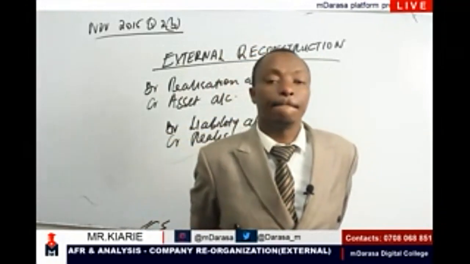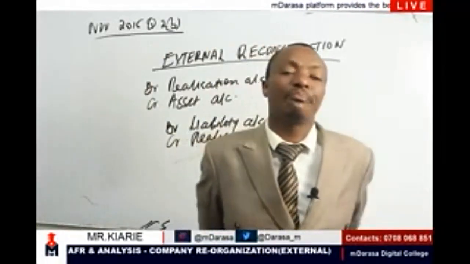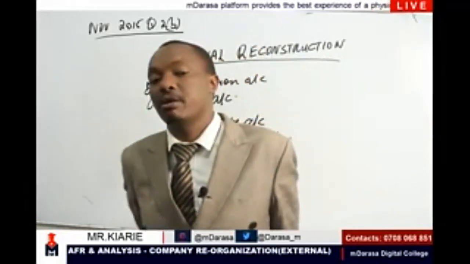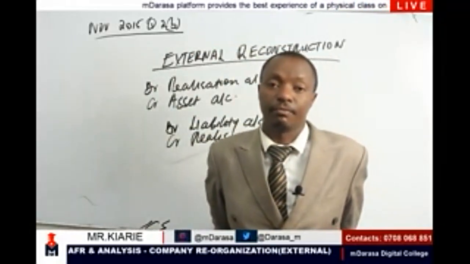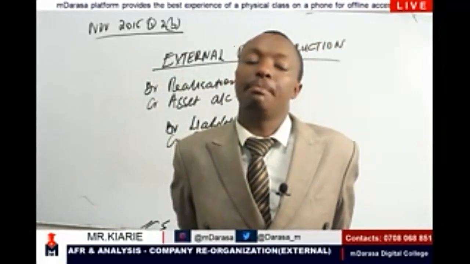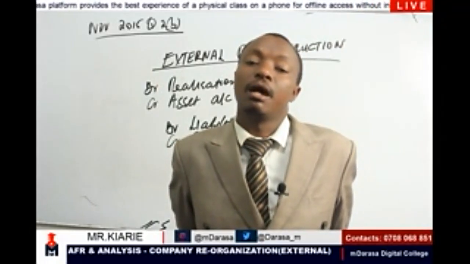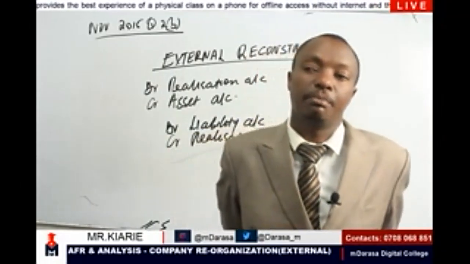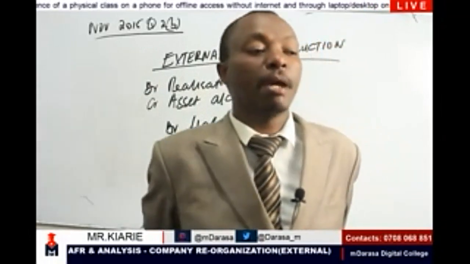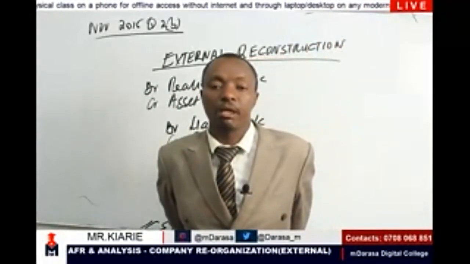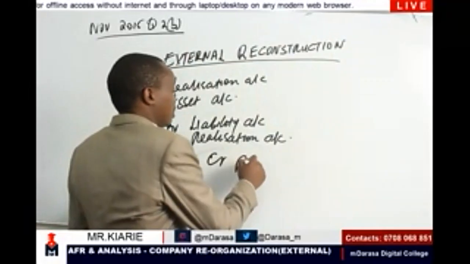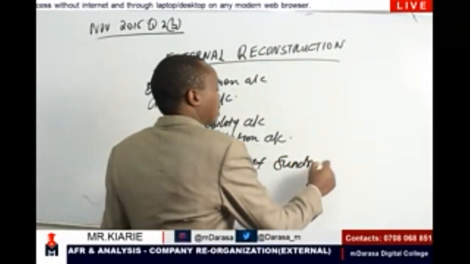Number four, with the amount of preference dividends in arrears, debit realization account, credit preference sundry members account.